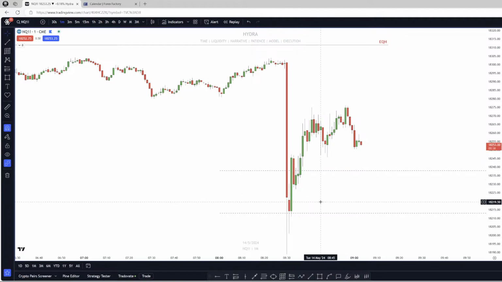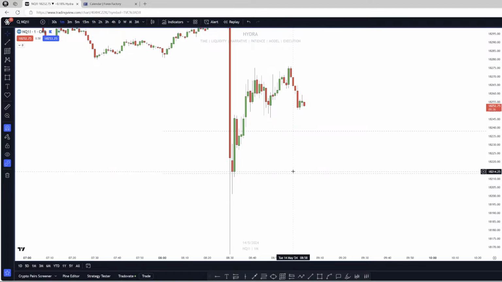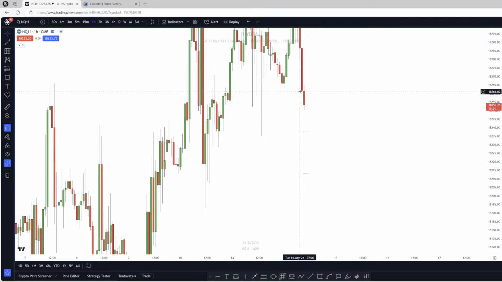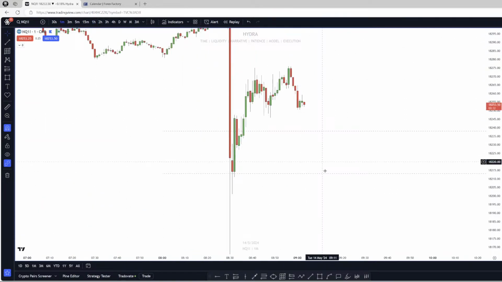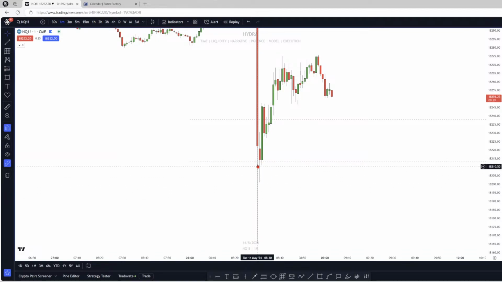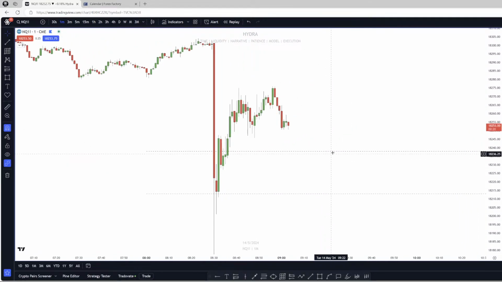Also, we have an order block, and the consequent encroachment of this hourly wick is aligning with this rejection block on the 1 minute chart. So very nice, very strong two support levels. That's going to be our key price level here. Upper quadrant coming at 18,040. Consequent encroachment coming at 18,010. Nice price levels.